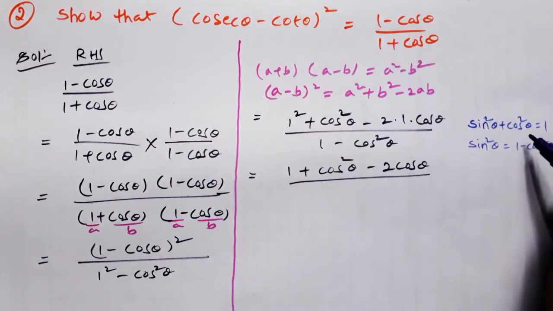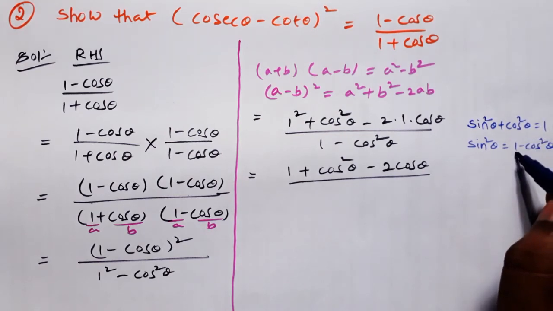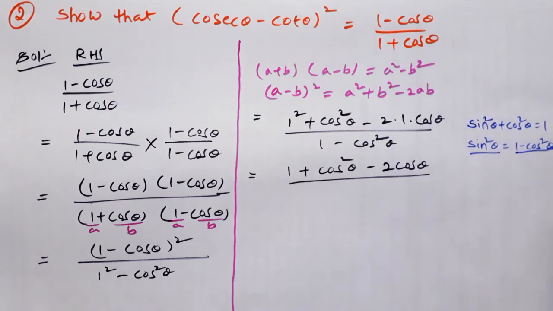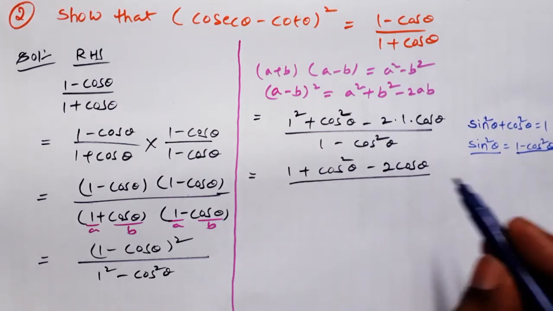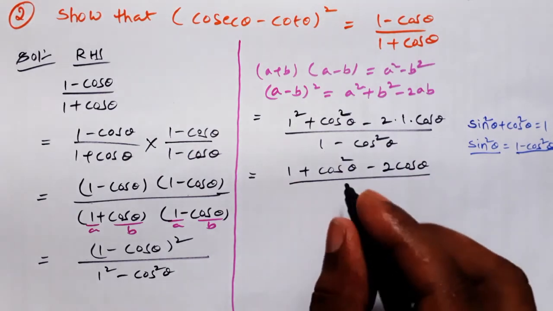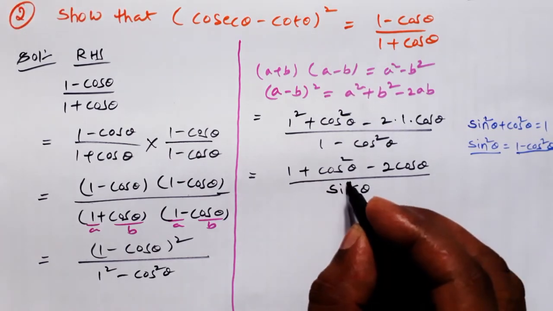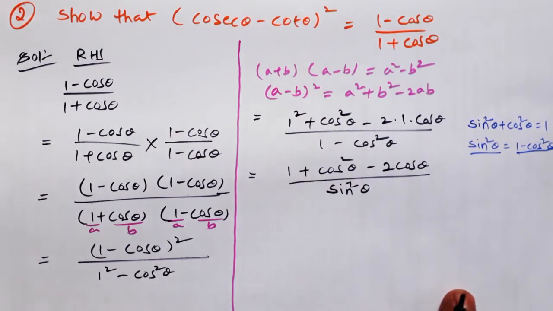Take cos square theta on the right hand side, minus cos square theta. So 1 minus cos square theta, answer is what? Sin square theta. So here we have 1 minus cos square theta, write the denominator as sin square theta. Okay. Yes. Next one.